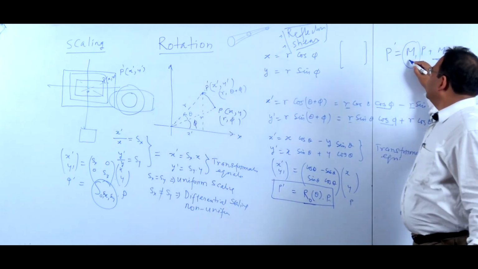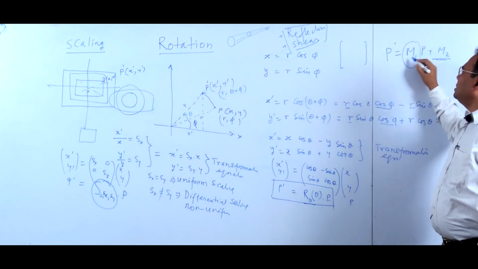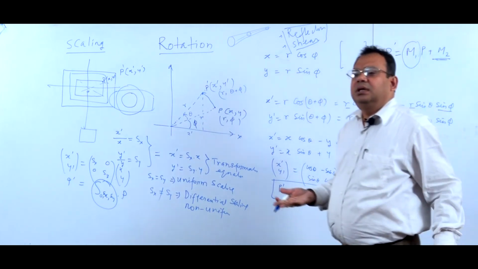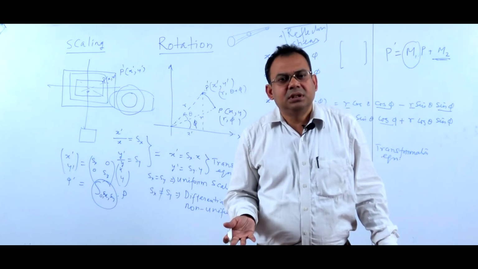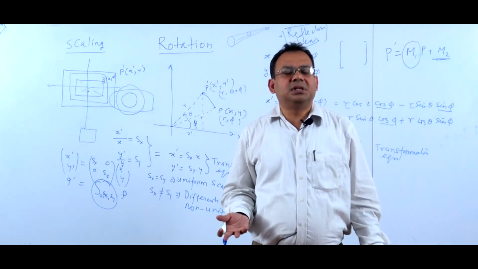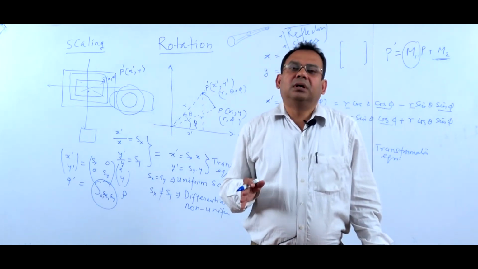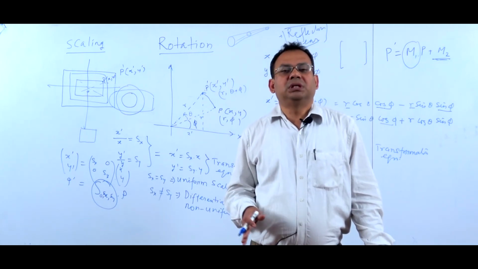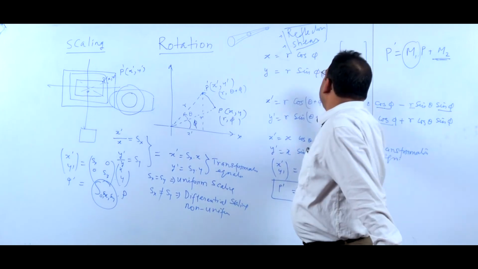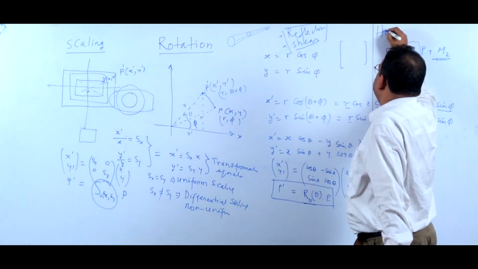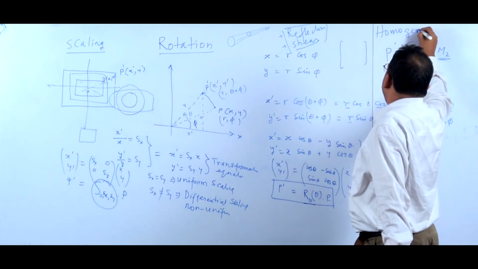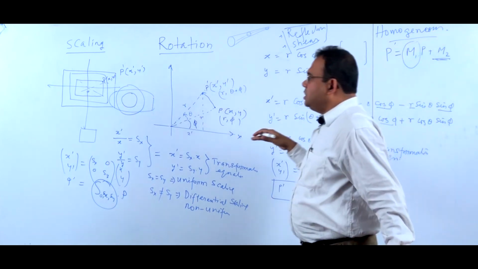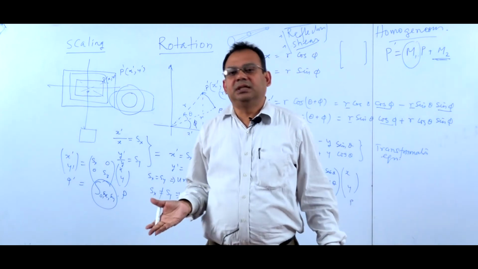In case of scaling or rotation, we require matrix multiplication. So, there is no homogeneity in the operations, and to make all the operations single multiplication operations, we need to introduce a new coordinate system known as the homogeneous coordinate system, because we need to introduce homogeneity in the operations.